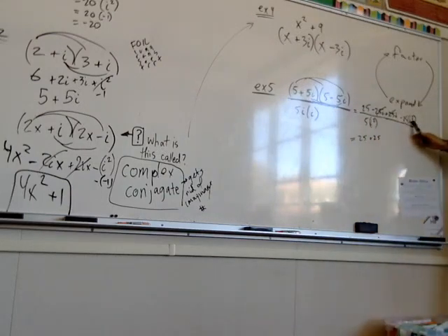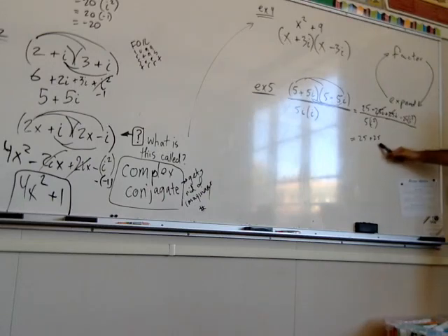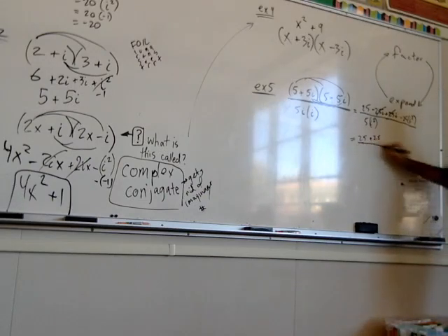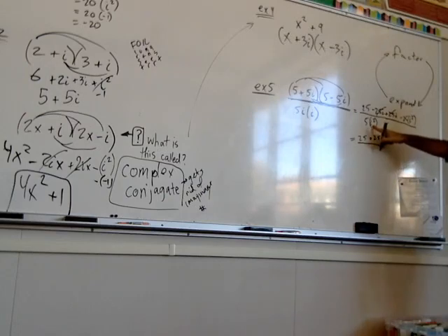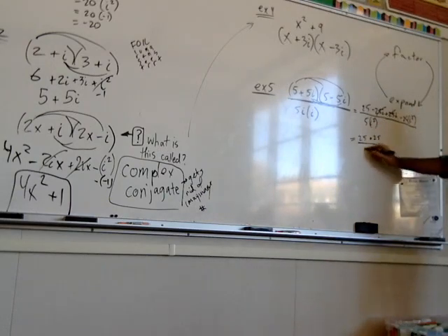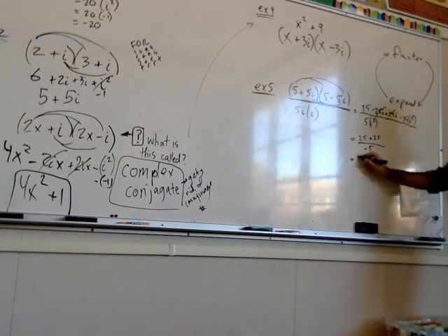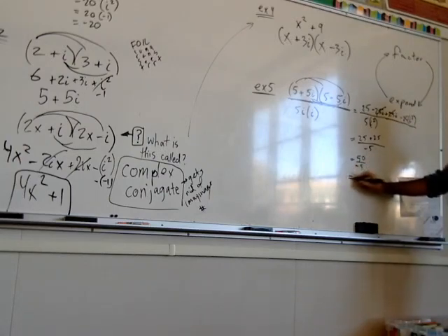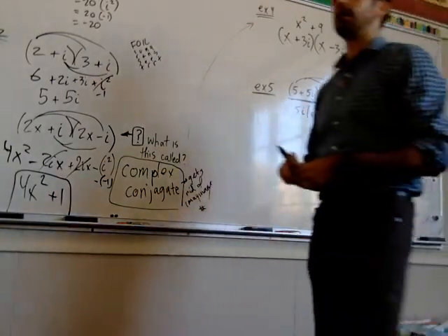Negative 25 times i squared, which is negative 1, is positive 25. And then down here, this is negative 1 times 5, negative 5. 50 divided by negative 5 is negative 10. Who got negative 10? Good job, most of us.